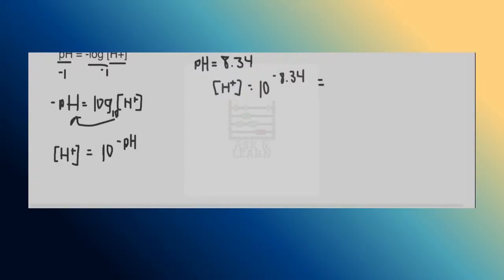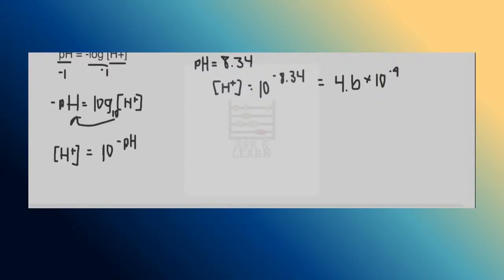So it'll come out to 4.6 times 10 to the negative 9. So these values are pretty much always going to be expressed in scientific notation. So that way we're not writing this out to too many decimal points.